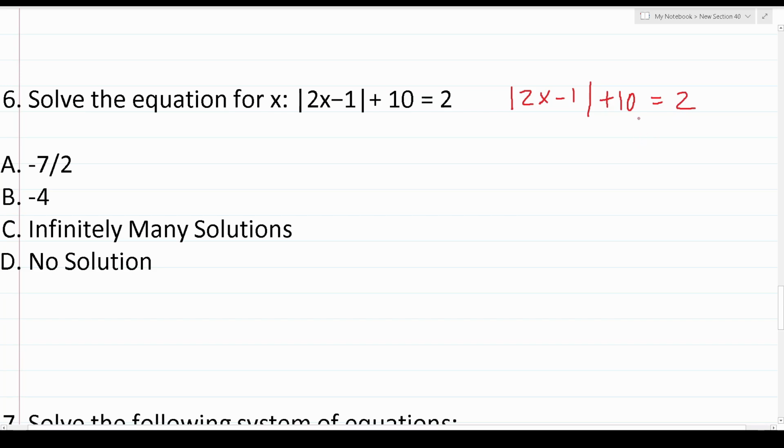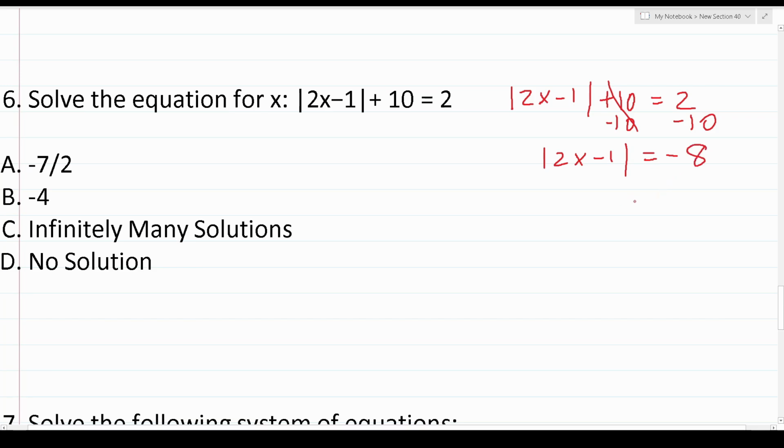Before we make any judgments whatsoever about this absolute value equation, we want to get the absolute value by itself on the left-hand side of the equal sign. So to do that, I'm going to subtract 10 from both sides. This will cross out here, leaving you with the absolute value of 2x minus 1 over here equals 2 minus 10, which is negative 8.